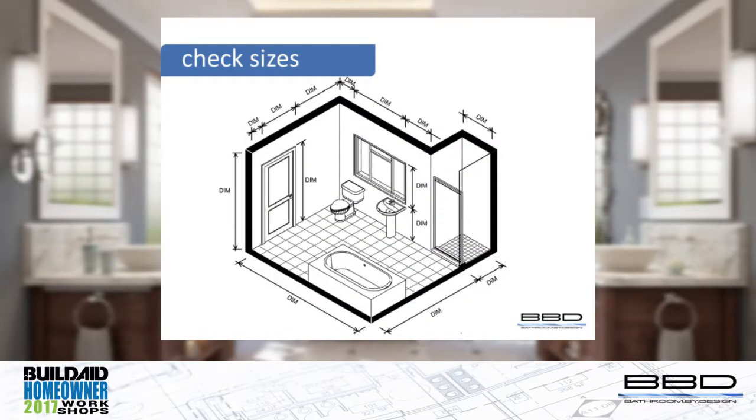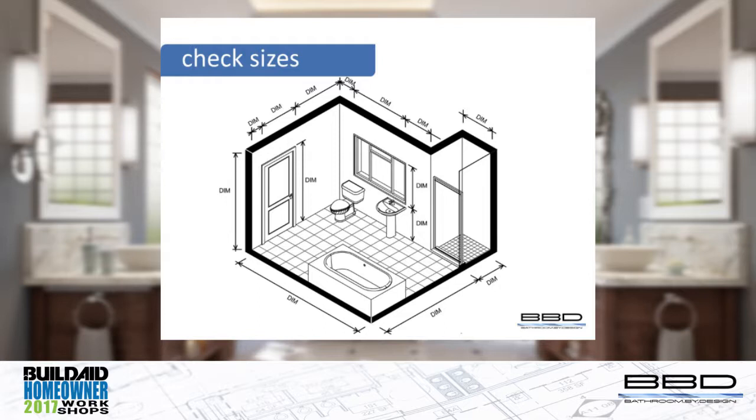Here you can see on this visual a basic three-dimensional drawing of a bathroom. These are the sort of measurements that you should be looking at. This is atypical. Your bathroom may be very different to this, but it shows you an example of the sort of sizes. If you're getting a new home, the bathroom should have all the measurements, so you could take your plan.